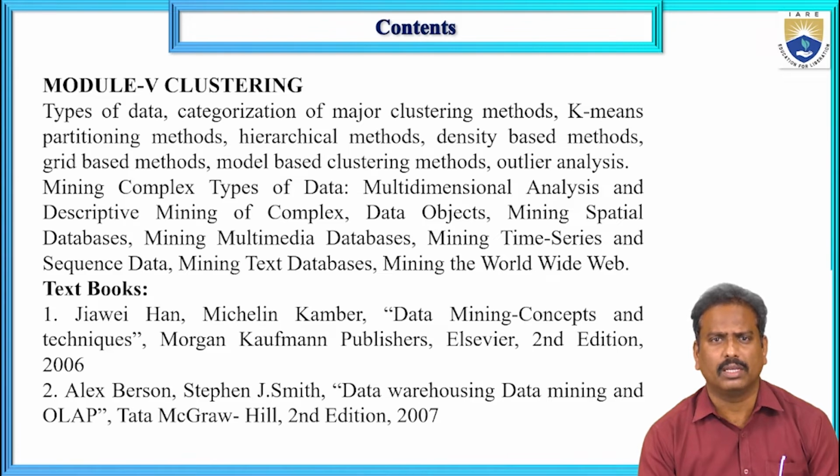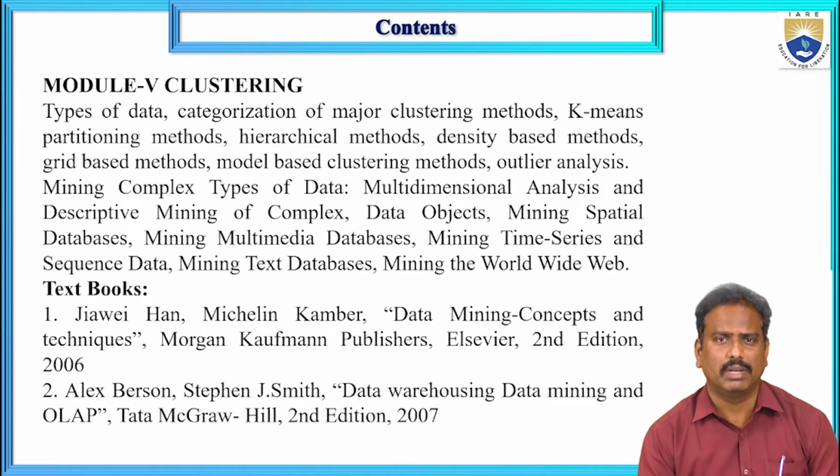In supervised learning, we'll be having some class labels, and based on that, we'll be finding the data. Whereas in unsupervised learning, we don't have any class label. Based on the similarity only, we are going to find the data. Okay, so this clustering comes under that unsupervised learning.